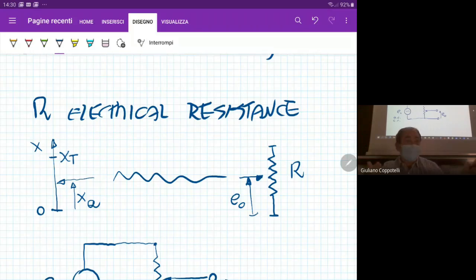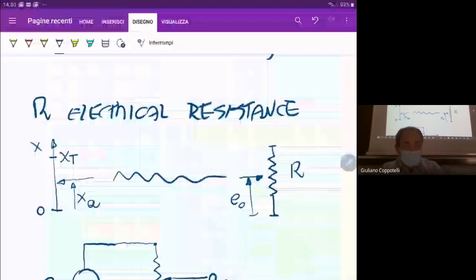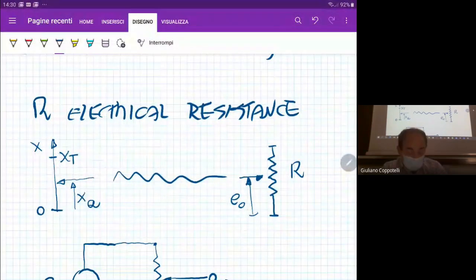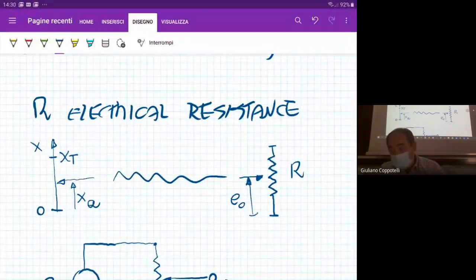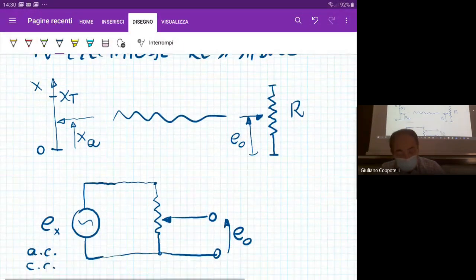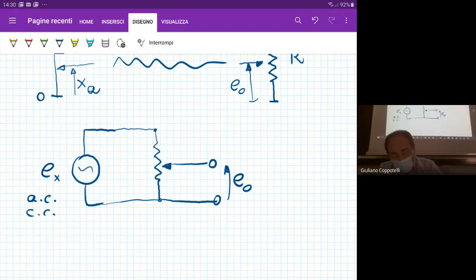So the scale of your transducer is out of the actual available displacement. And what we are saying here is that this position here is related to the actual displacement that is unknown.